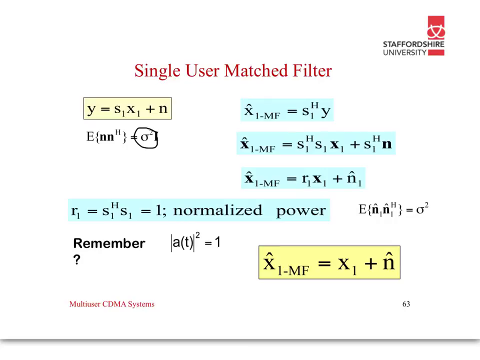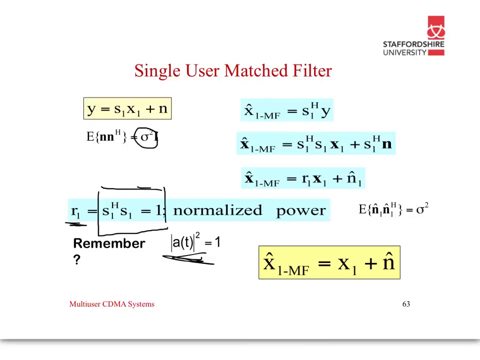We multiply signature 1 Hermitian by Y, which is signature 1 Hermitian times signature 1 times X, giving us our approximate value of X. R1 is, as we've said, signature 1 Hermitian times signature 1, which is equal to 1, since the magnitude of our spreading code squared equals 1.